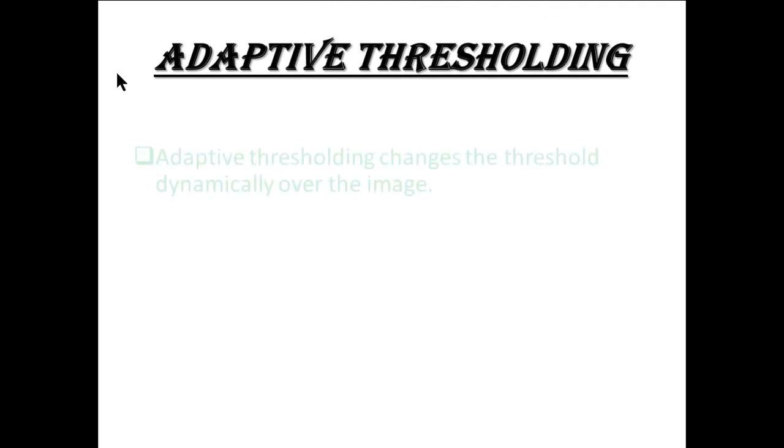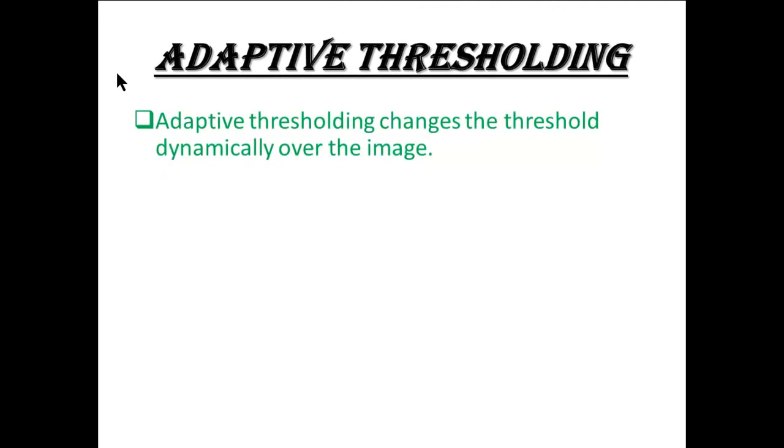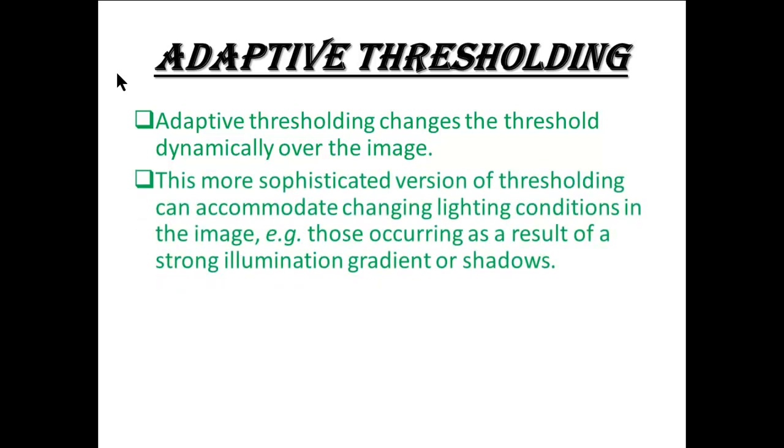Adaptive thresholding. Adaptive thresholding changes the thresholding dynamically over the image. This more sophisticated version of thresholding can accommodate changing lighting conditions in an image, for example those that occur as a result of strong illumination gradients or shadows.